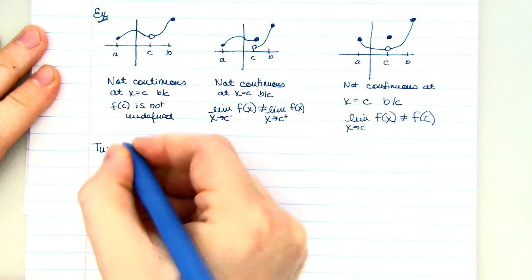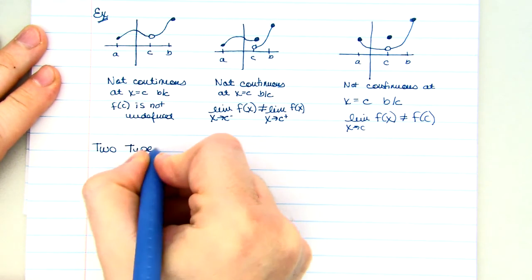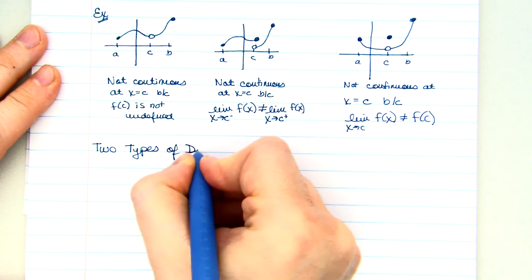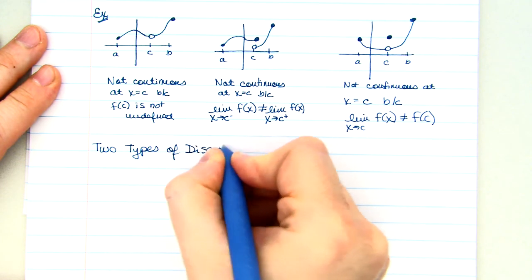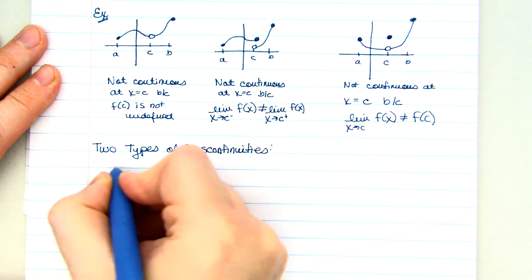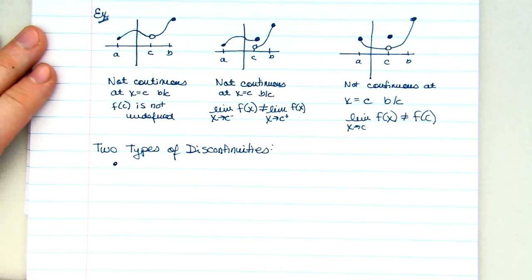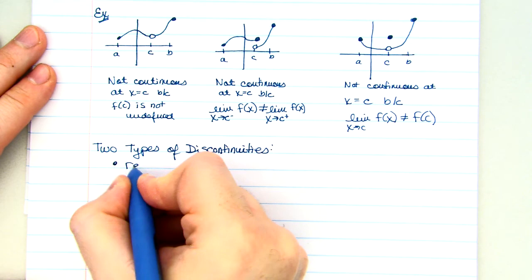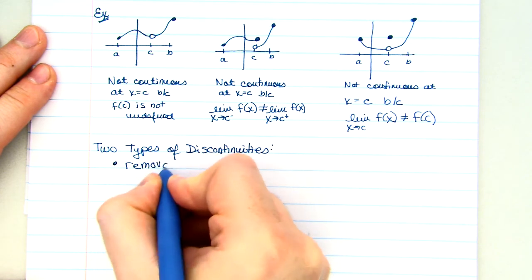So, two types of discontinuities. First is called a removable discontinuity.